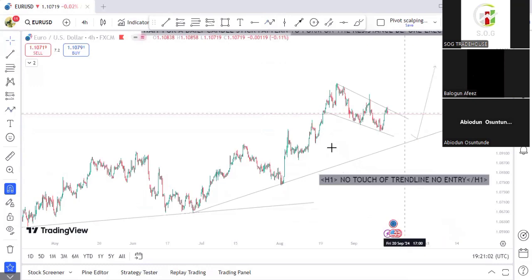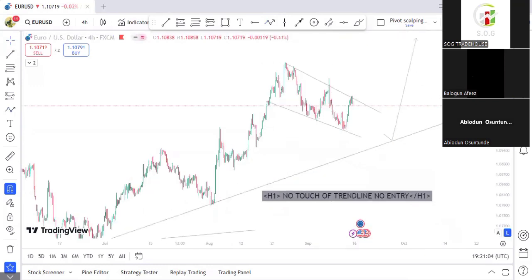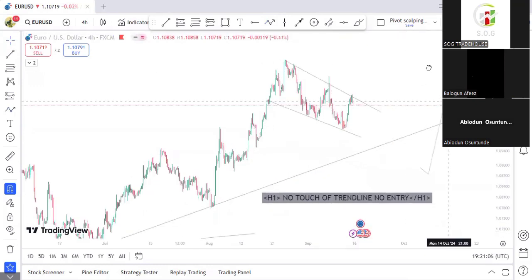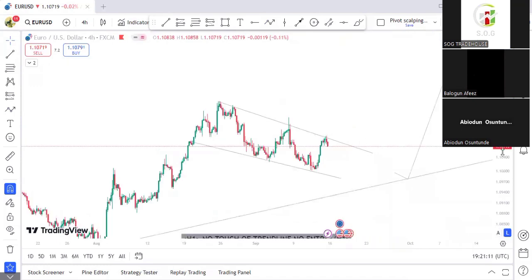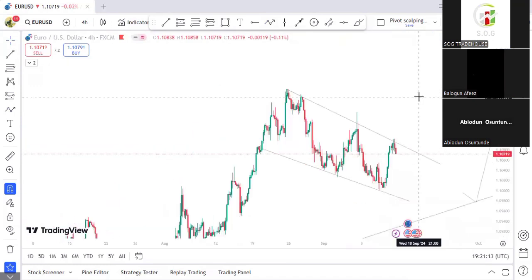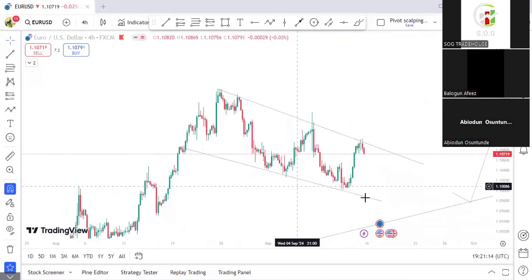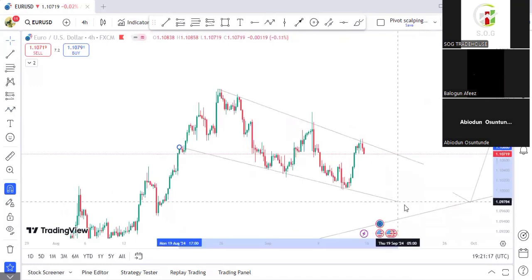But if you look at current market structure, you can see Euro USD giving us a bullish flag pattern over here. You can see this flag pattern forming over here.